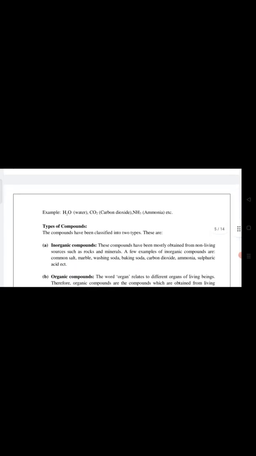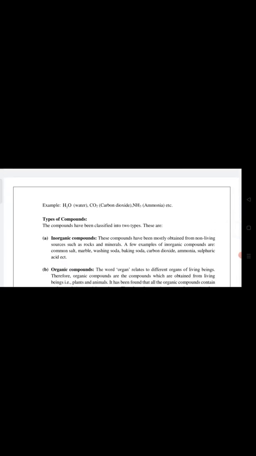It is also a pure substance like metals, but it represents a combination of two or more elements which are combined chemically. That means we cannot separate them by any physical method. Okay. So for example H2O, CO2, ammonia are examples of compounds.